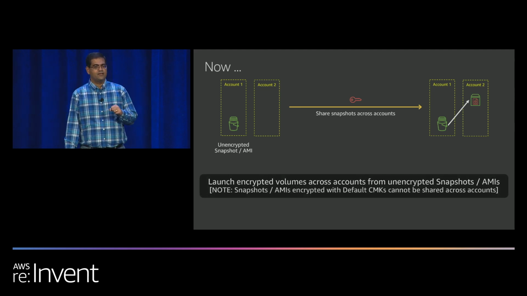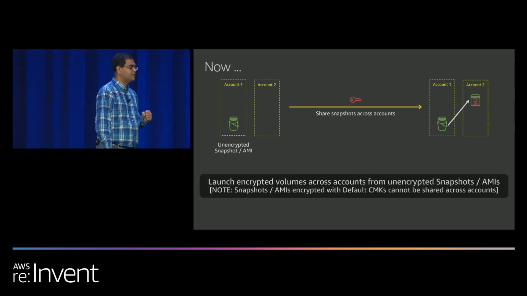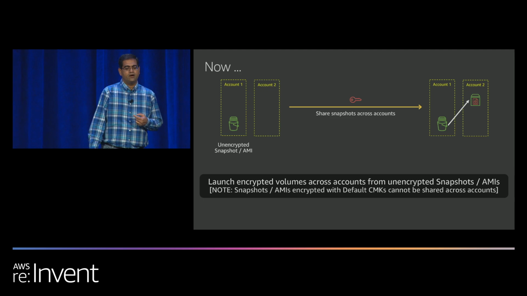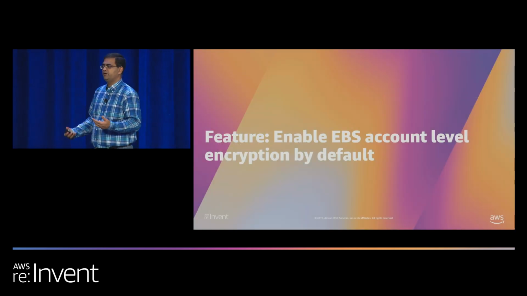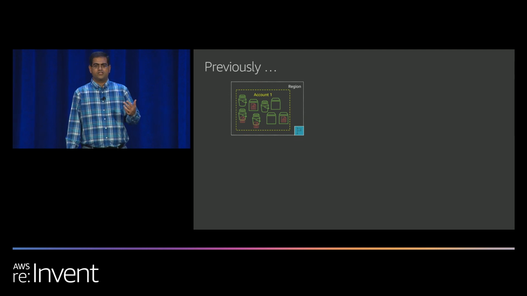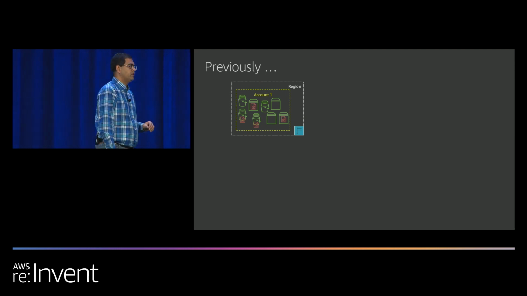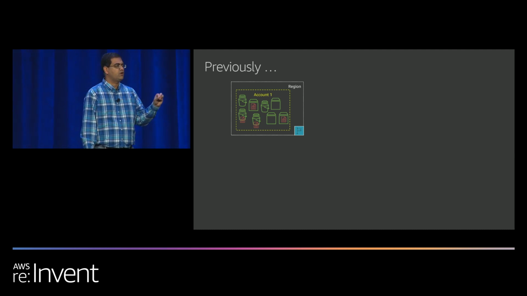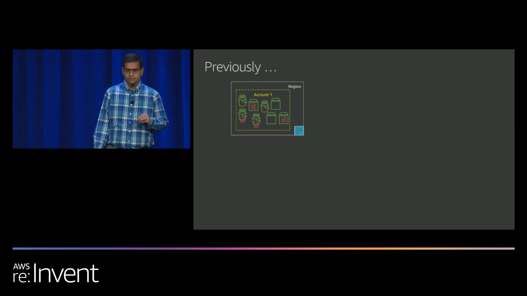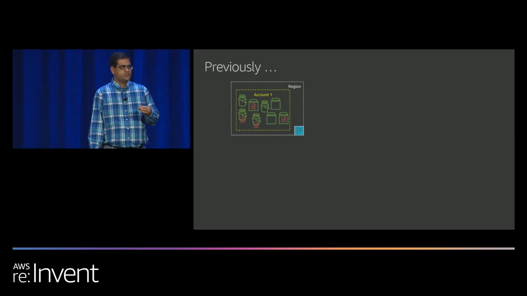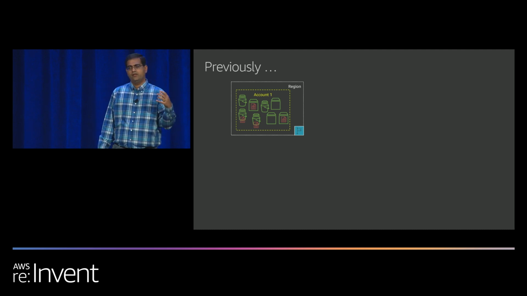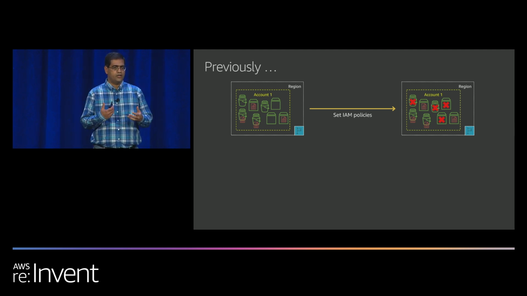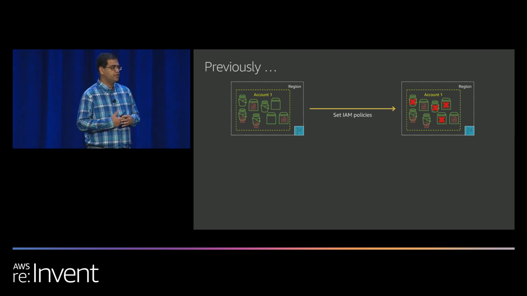While this is simple, you still gave us feedback that this was not simple enough. And so what we launched is a third feature, which is account-level encryption by default at a regional level. What's the problem? Many of you told us that your business has a need to make sure that all your EBS volumes are encrypted. The way that administrators used to achieve this was to set IAM policies within the account, so if your end customer launched an unencrypted volume, it would be blocked.